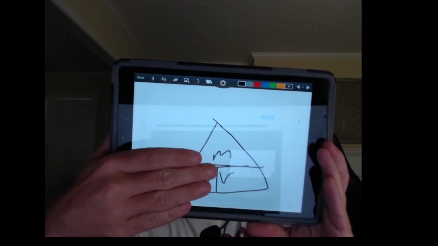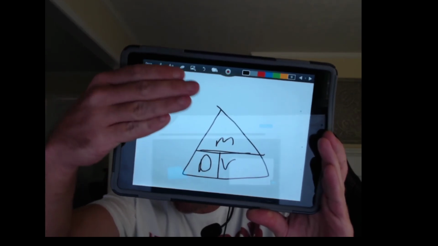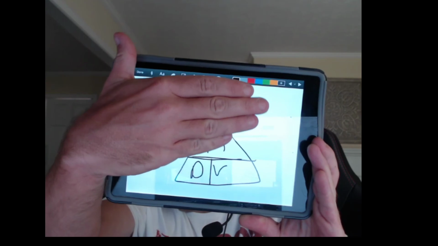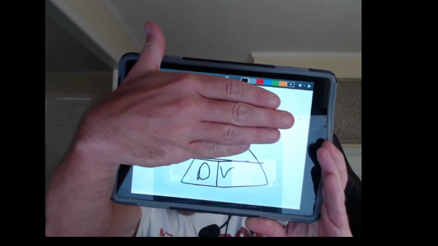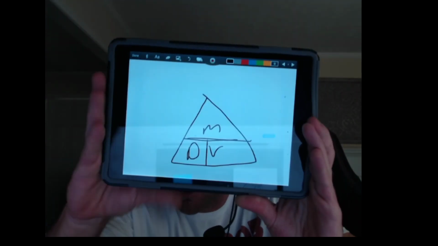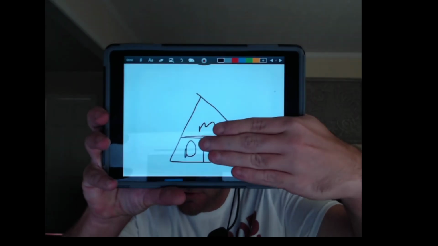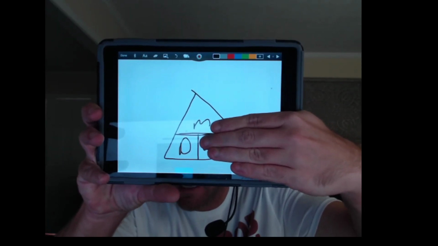We'll do some practice here in just a second, but I wanted to show you all that. Let's say I ask for mass. I'm going to cover up mass, and I'm going to do density times volume. And if it asks me for volume, switch hands. Pop. I'm going to do mass over density.